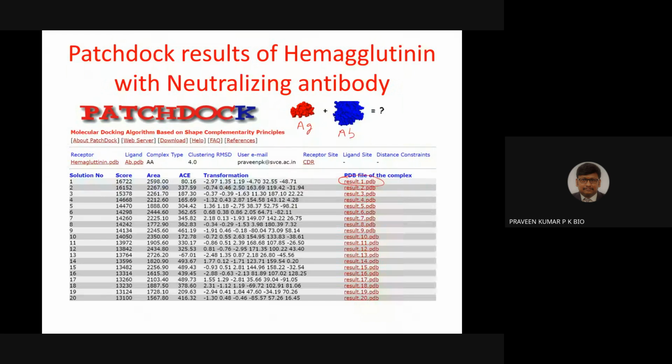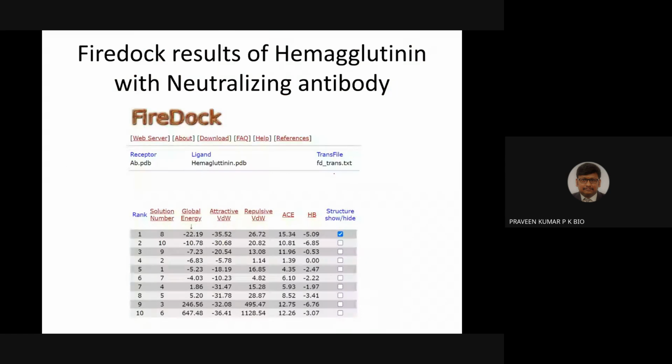Whatever output we got, like a PDB file, you have to give it as an input here, the trans file. And we have to give the antibody and antigen separately. If you give these three files, file one for the receptor, ligand two, and the trans file, which is the output of the previous PatchDock server, finally you'll get these kinds of energies.